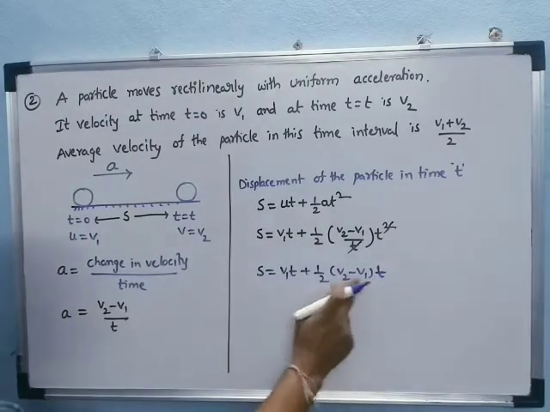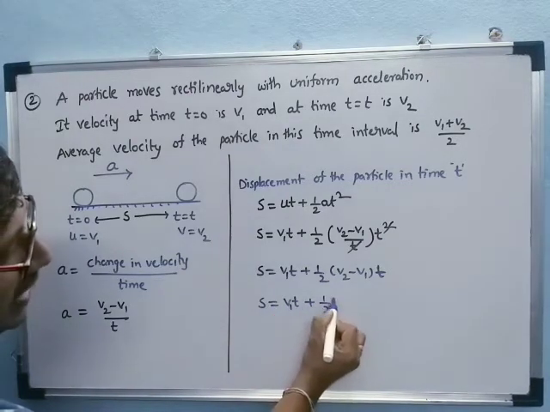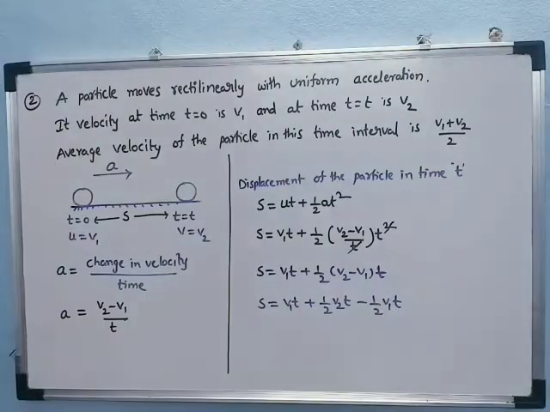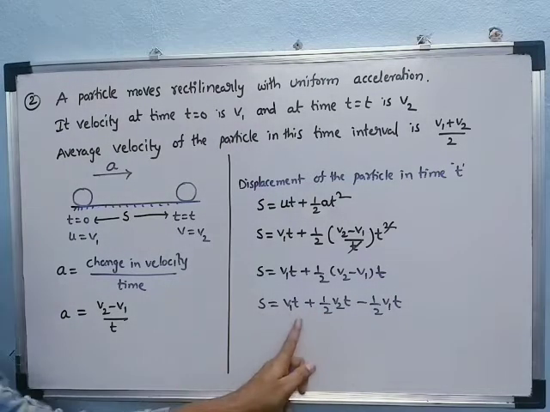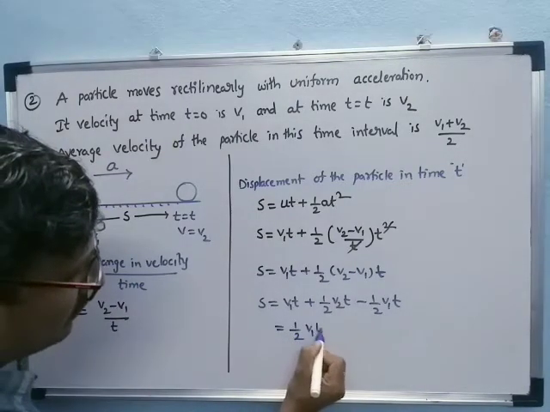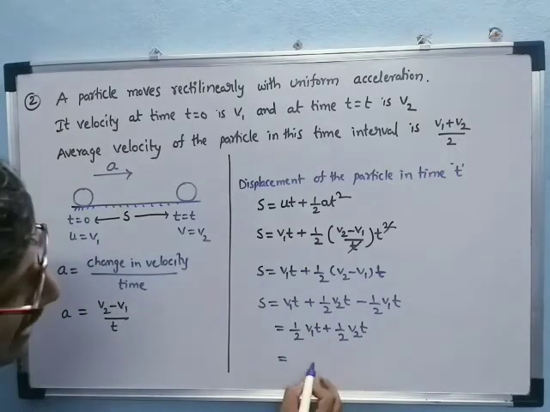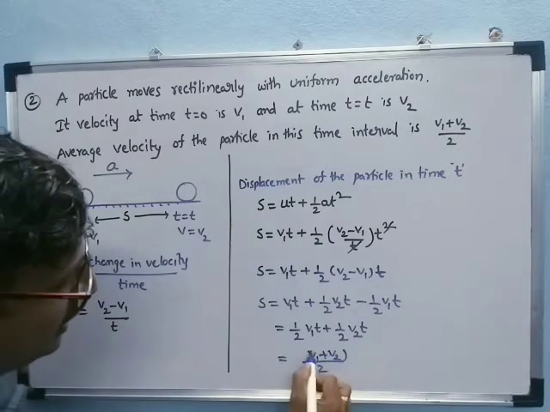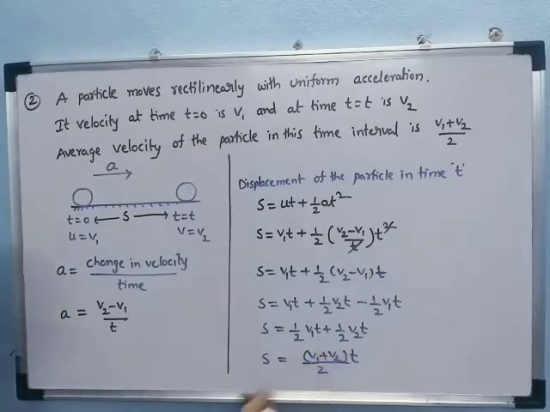Now multiply this term: v1 t plus 1 by 2 v2 t minus 1 by 2 v1 t. Here v1 t minus half v1 t remains half. So we have 1 by 2 v1 t plus 1 by 2 v2 t. Take the LCM 2 and take the common t: s is equal to (v1 plus v2) by 2 into t.